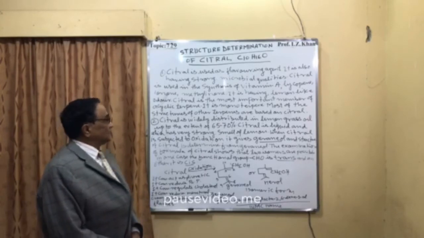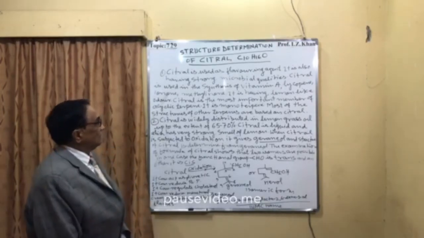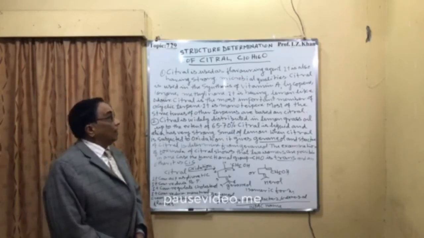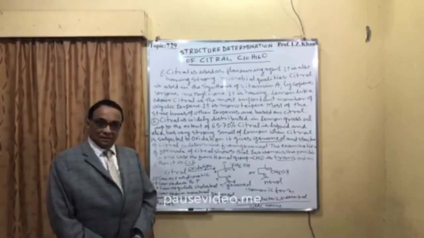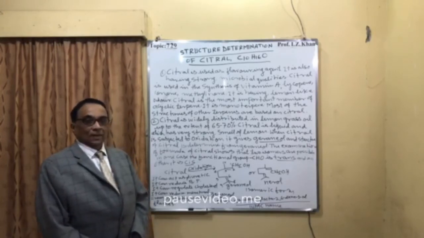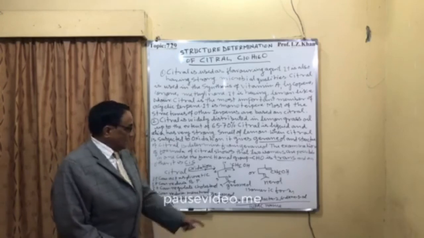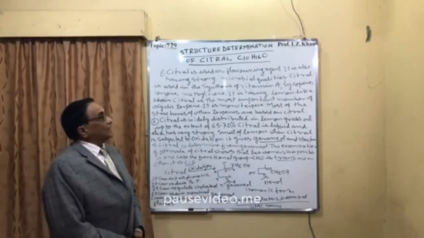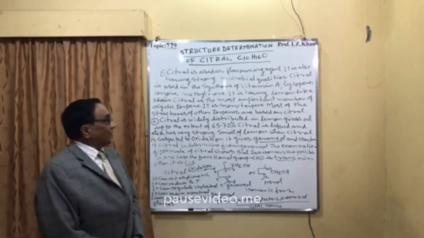Citral is used in the synthesis of vitamin A, lycopene, ionone, methyl ionone. Especially the ionone and methyl ionone are very good fragrances. Geraniol and nerol are isomers, and these isomers are very good flavors. And it is also used to synthesize vitamin A and lycopene.